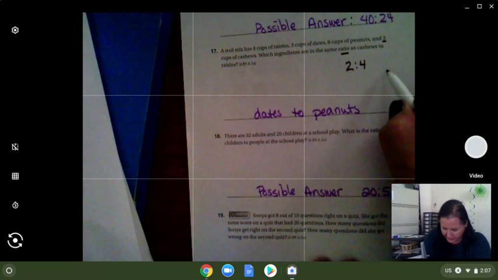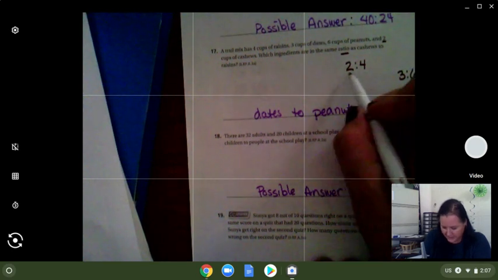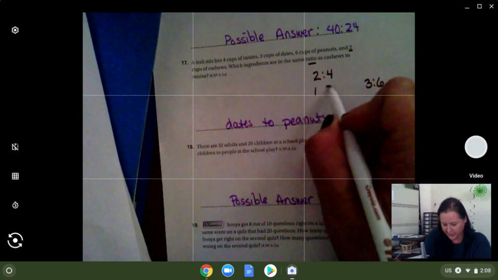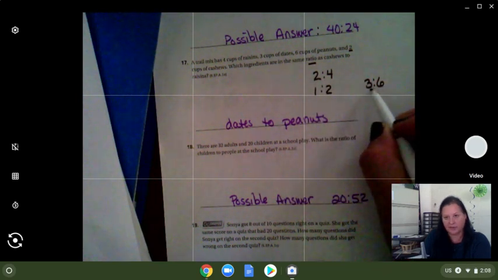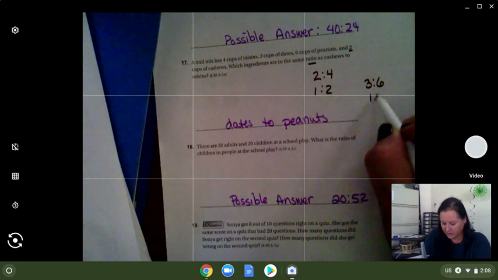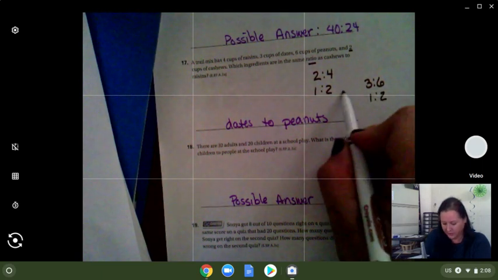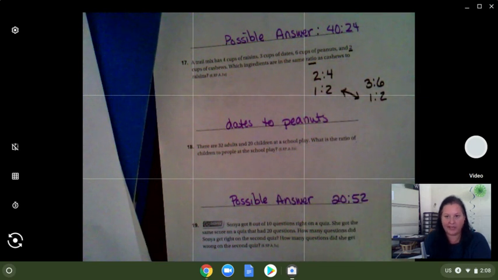And so if we do dates to peanuts, that would be 3 to 6. When I simplify both of these, if I divide these both by 2, I get 1/2. When I simplify this one and divide them both by 3, I also get 1 over 2, or 1 to 2. And so these are equivalent because when they're simplified, they are equal.